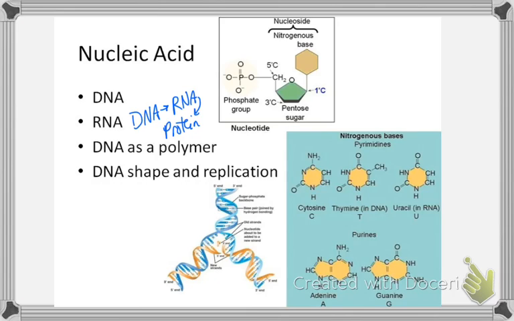When we talk about DNA as a polymer, it is made up of nucleotides, which a nucleotide is a sugar, a phosphate, and a base. In DNA, the sugar is deoxyribose. In RNA, it is ribose.